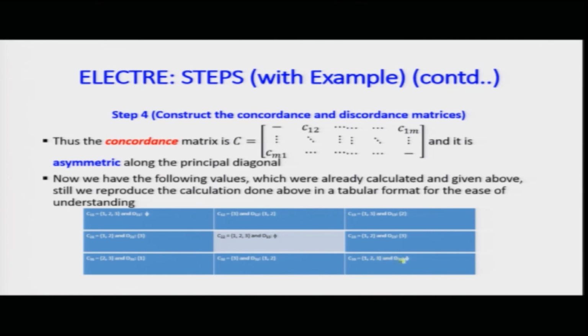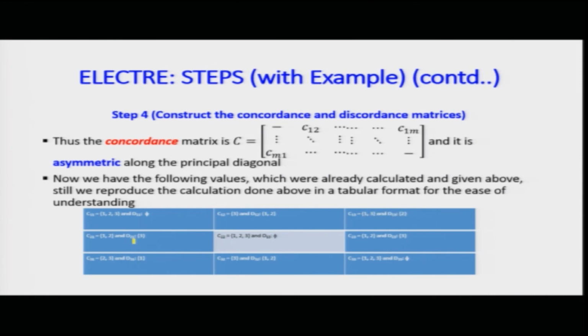And in 3 comma 3, all the values are in the C set, D is a null set. For the off-diagonal elements, I will just read the numbers: 3, 1, 2, 3 being C, D 1, 2 being D. Similarly, the values are 1, 3, 2, where the first two values 1, 3 are C, D is 2.